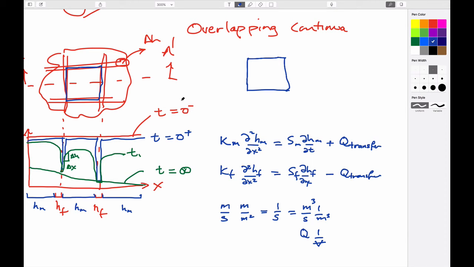And we simplify this block to make it look like something that would have a head within the matrix at the central portion, and at all other parts around it, it would have a head within the fracture, which we'll call H sub f. And you could then redraw this in some way. I guess you could draw it like this.